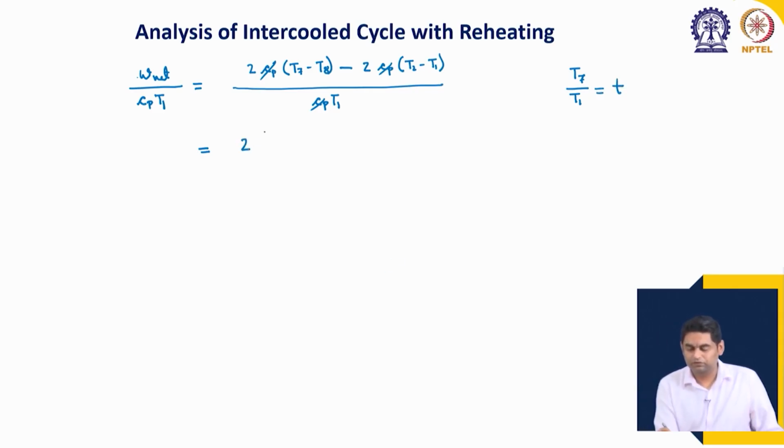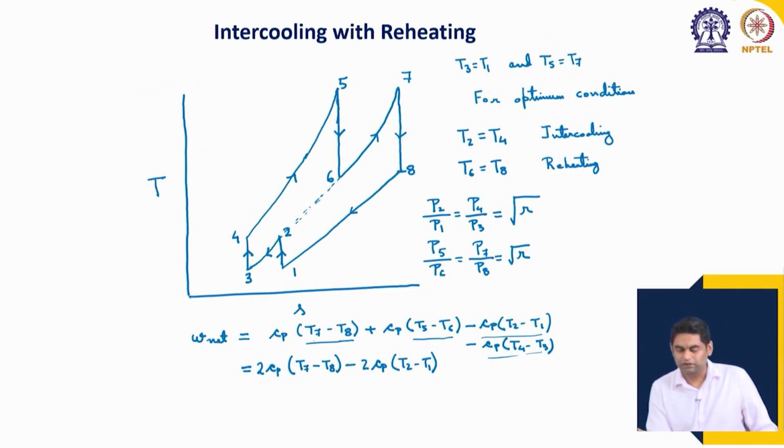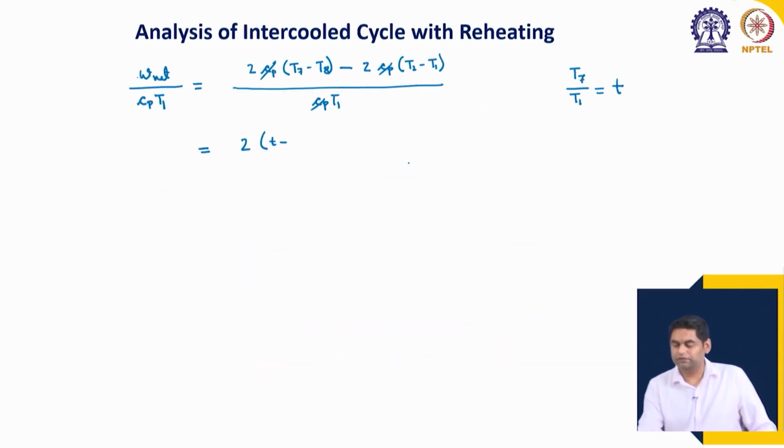So, this is equal to T. So, 2 T minus what is T8 by T1? T8 by T1 we can write as T7 by T1 into T8 by T7.